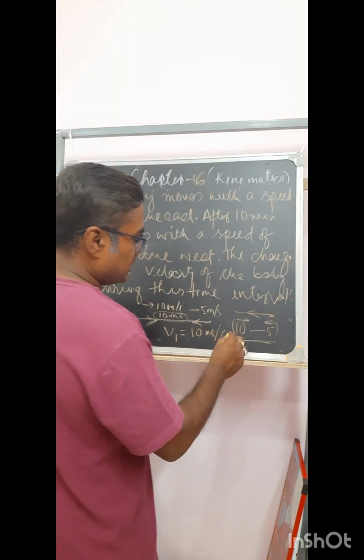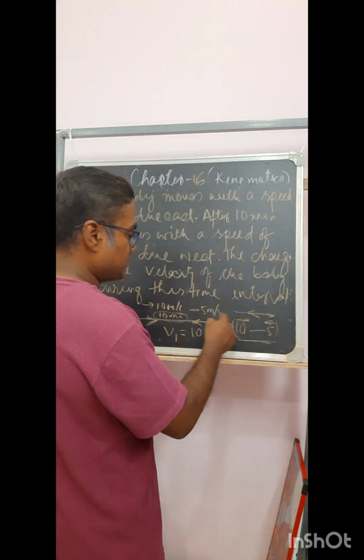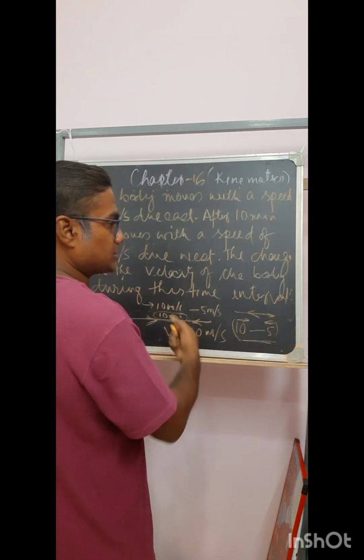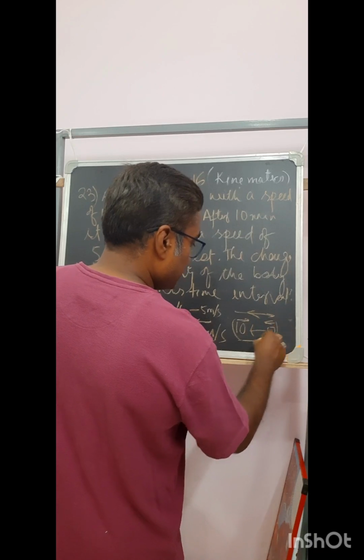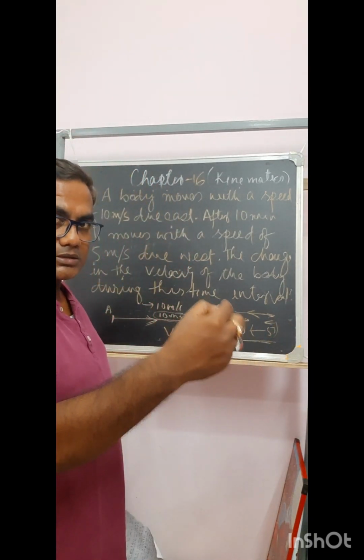So the representation is such that if it is reduced by 5 meter, that reduction can be read as 5 meter in the opposite direction, because any negative sign signifies the direction is opposite.